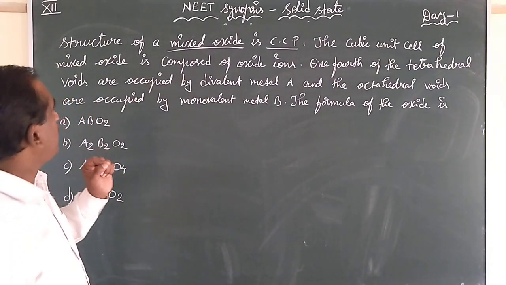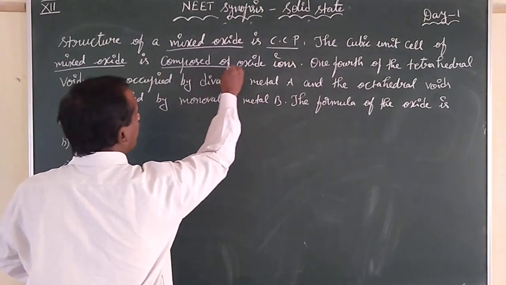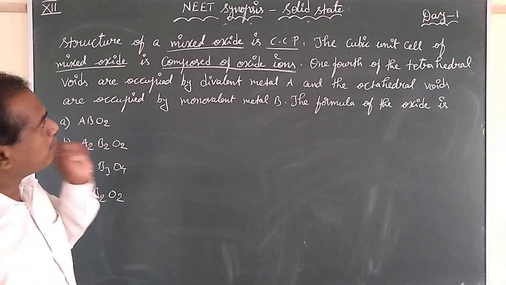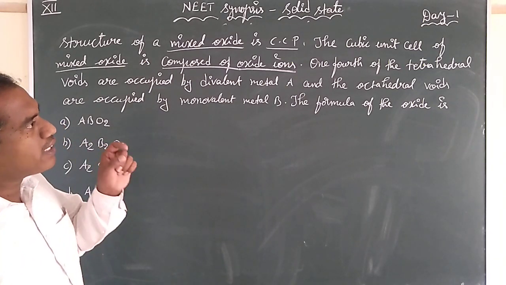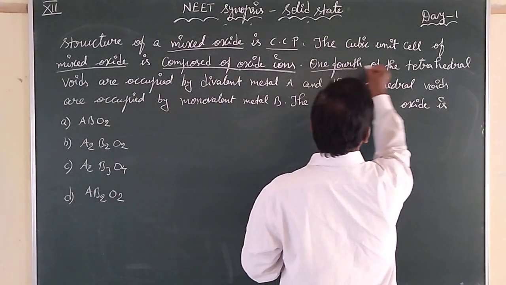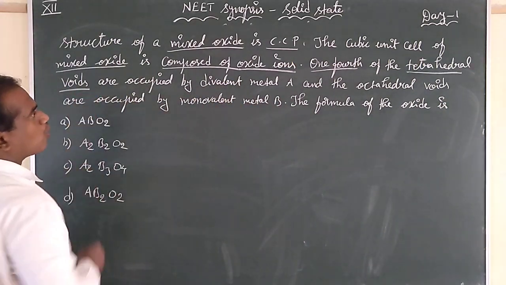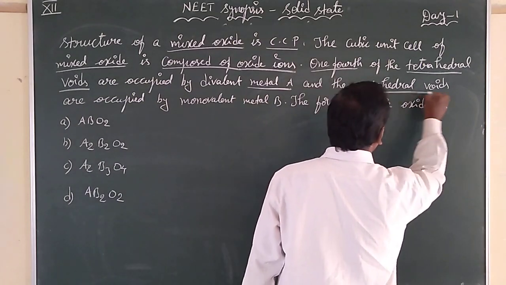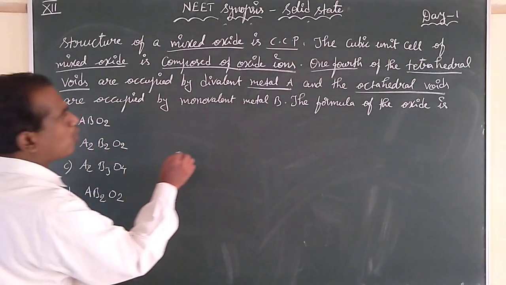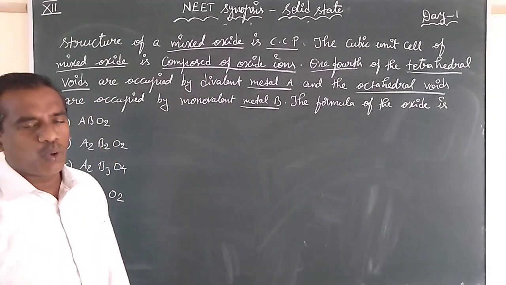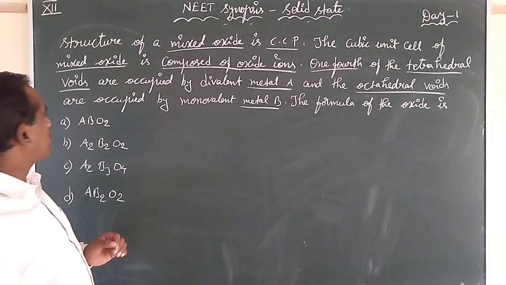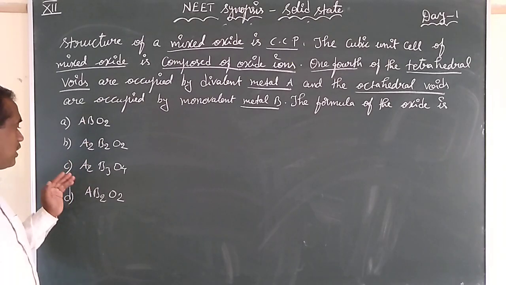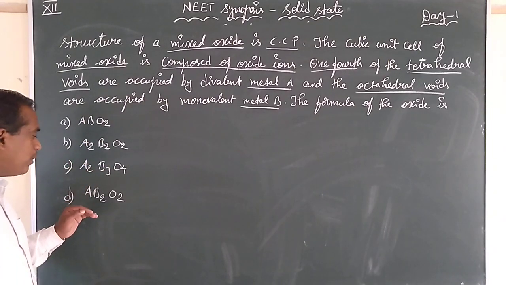The cubic unit cell of the mixed oxide is composed of oxide ions. 1/4 of the tetrahedral voids are occupied by the divalent metal A, and the octahedral voids are occupied by the monovalent metal B. The formula of the oxide is: option A, ABO2; option B, A2B2O2; option C, A2B3O4; option D, AB2O2.